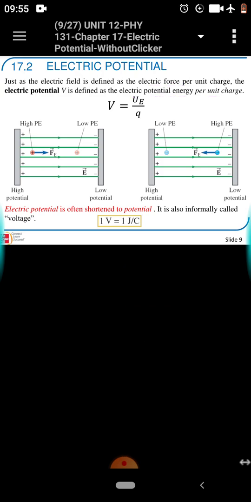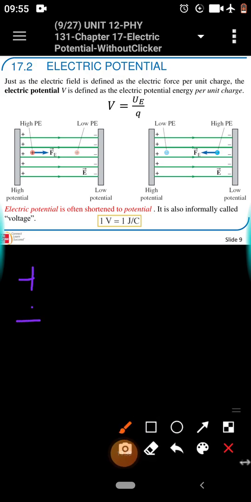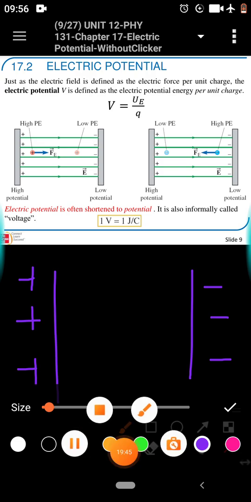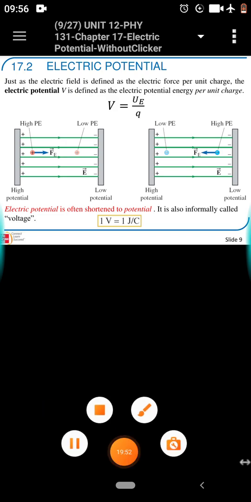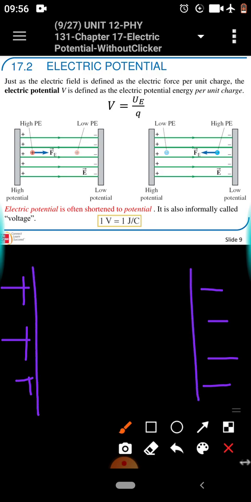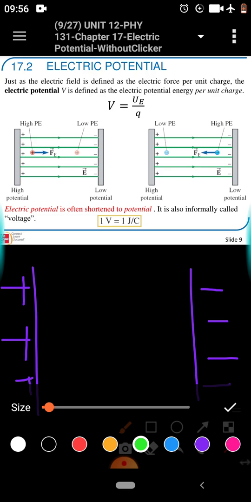So let me try to explain these diagrams. Let's say we have a positive plate to this side and a negative plate to this side. You know that the electric field moves from the positive to the negative.